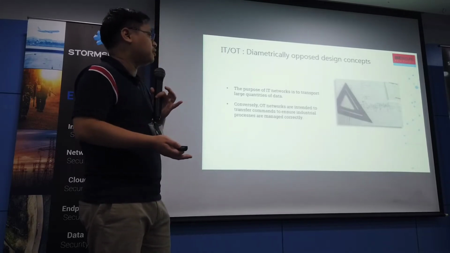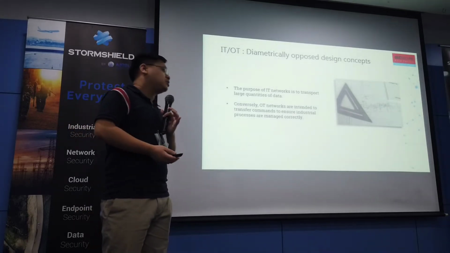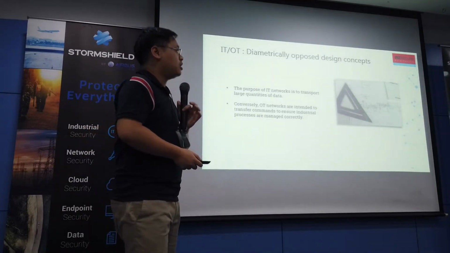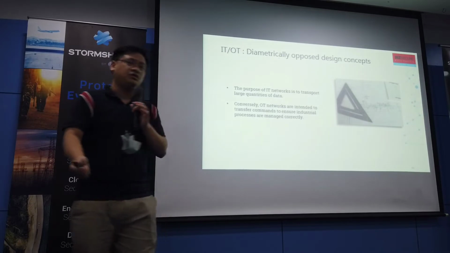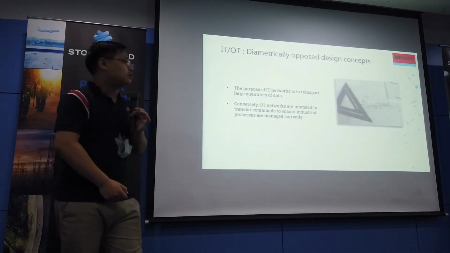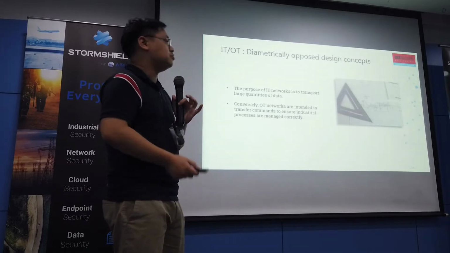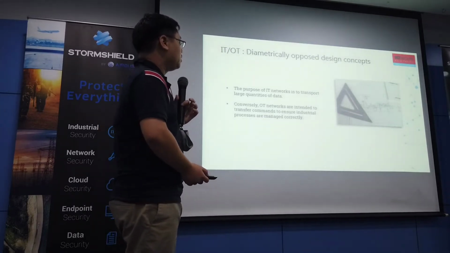So you have data coming from, for example, your data center, your domain controller to the workstations. You have a lot of different workstations, antivirus sending information to endpoints. You have a lot of things inside IT.